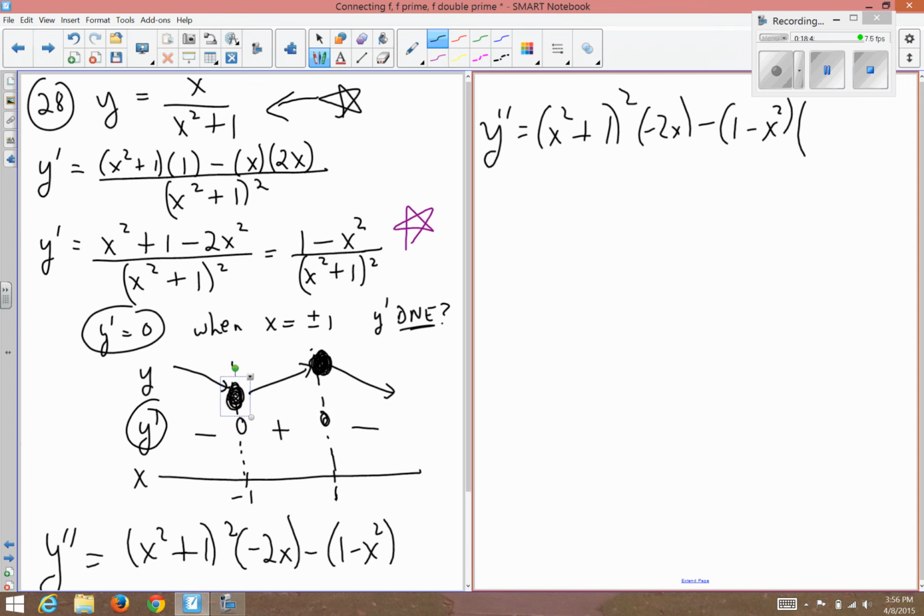The derivative of the denominator is 2 times 1 times x squared plus 1 to the first power, the exponent becomes a 1, times the derivative of what's in the parentheses.